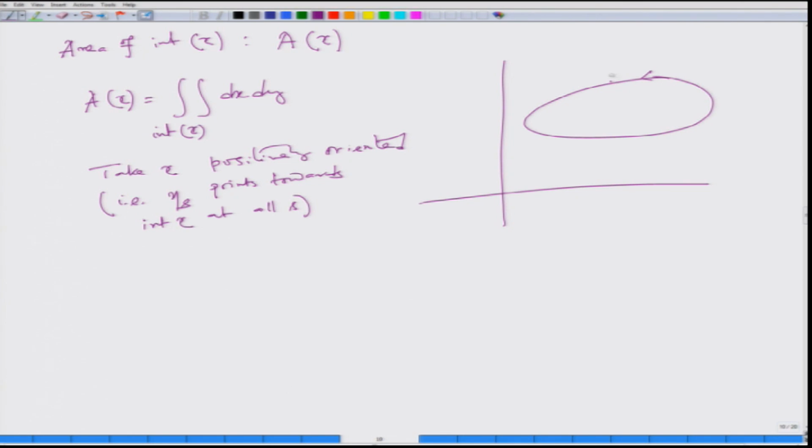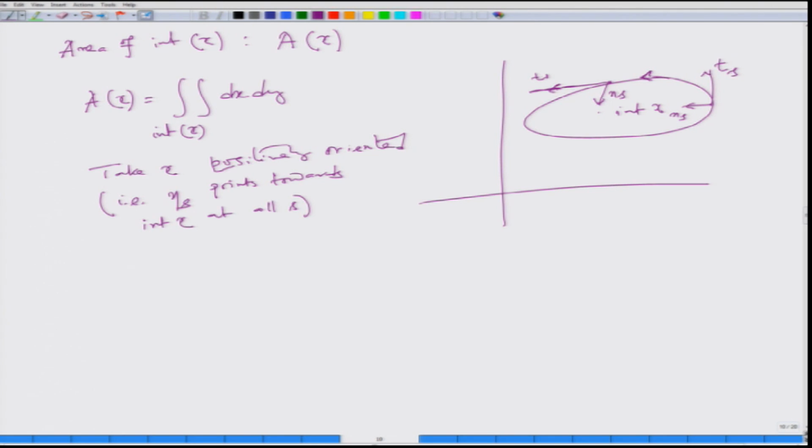So, if I have a unit normal here, that should be pointing towards the interior of gamma. If you see that this is the direction, if I take this, then this will be a tangent vector. So, eta s will be pointing towards the interior of gamma. Similarly, here is the tangent vector. So, eta s will be pointing towards the interior of gamma.